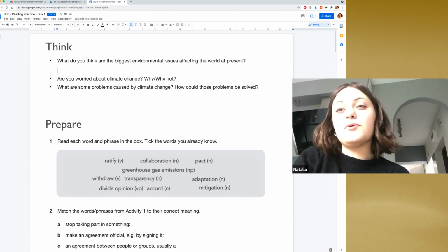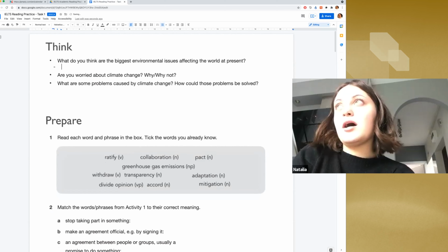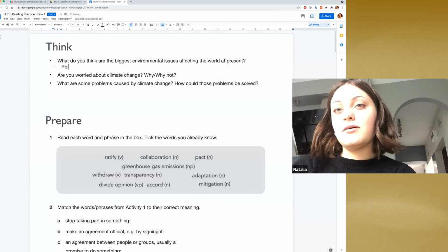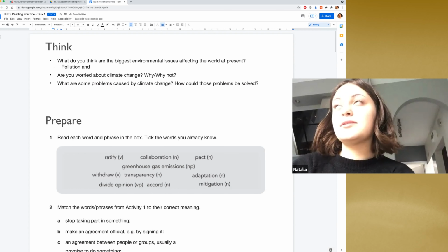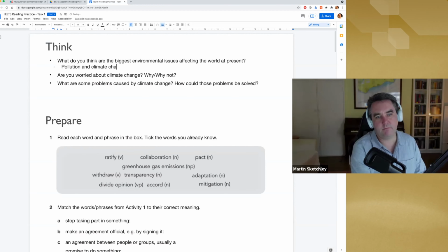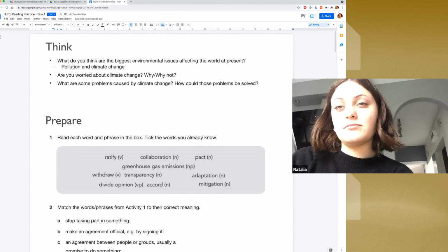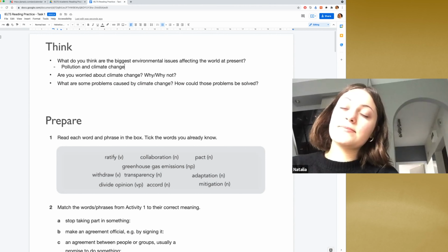In my opinion, the biggest environmental issues are the pollution and the climate change, all of the environment, and the things that people do to make it worse.